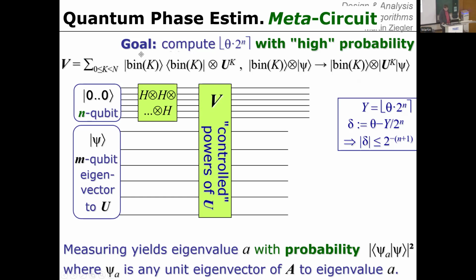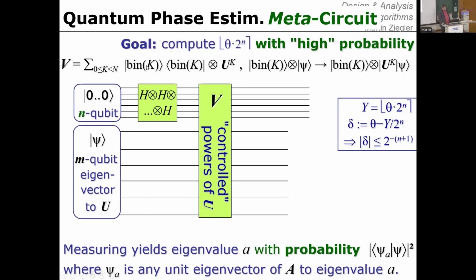It says if the first qubit is k in binary, then apply U to the kth power to the other m qubits. This is the meaning of this tensor product. This means to the other m qubits apply U not just once, but k times, U to the kth power, where k is given by the first n qubits as a parameter.